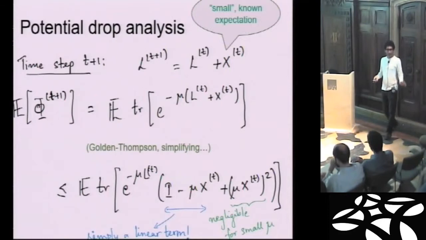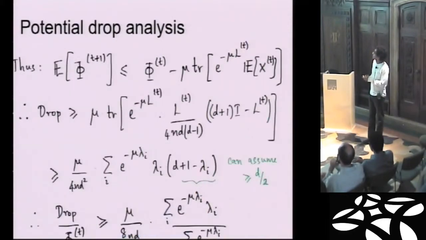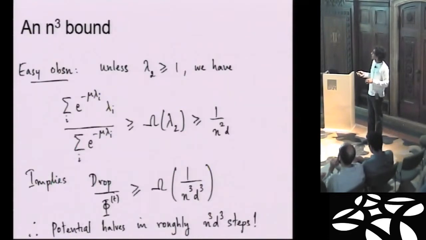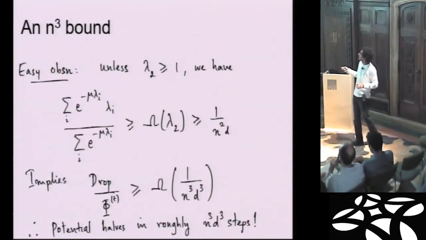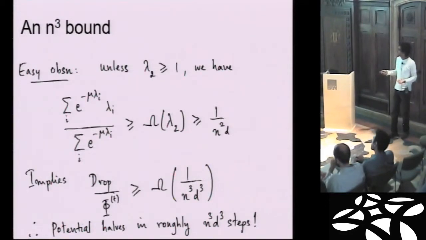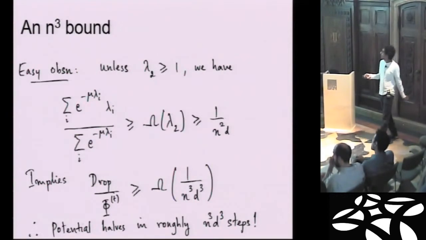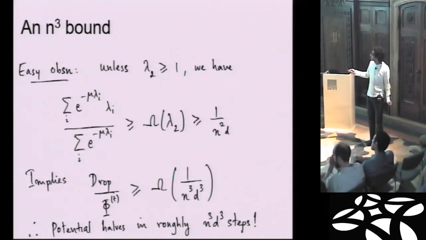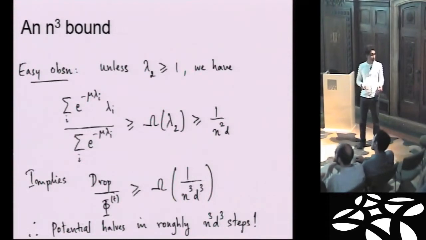So that's the main idea in the analysis, and you can write out some calculations, and it turns out that getting an n-cubed bound is actually pretty easy. You can show that the drop in potential at every time step is at least a factor of 1 over n cubed times the potential at time t.